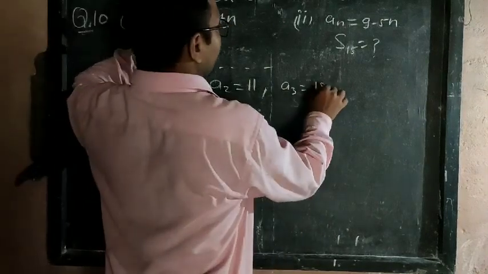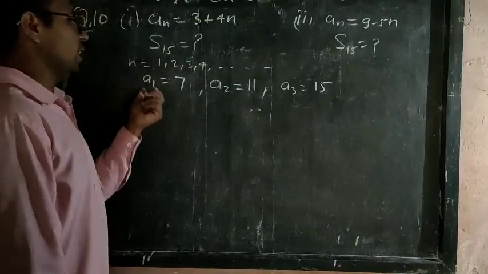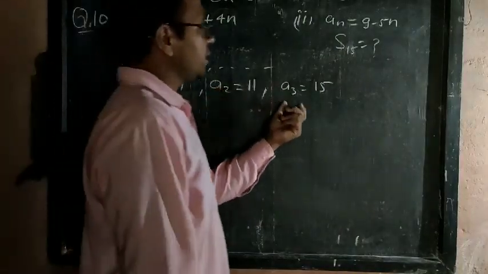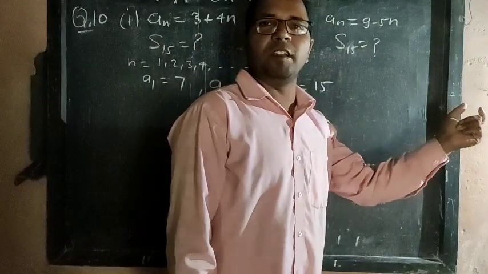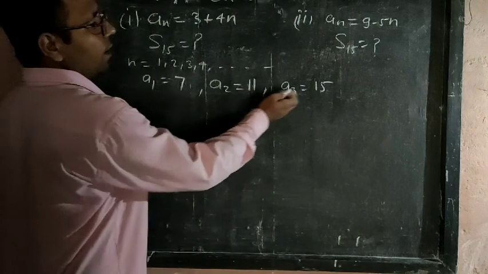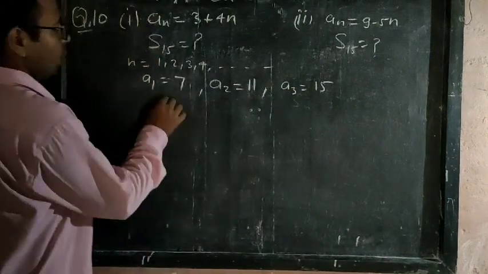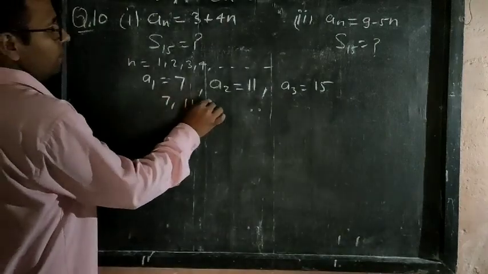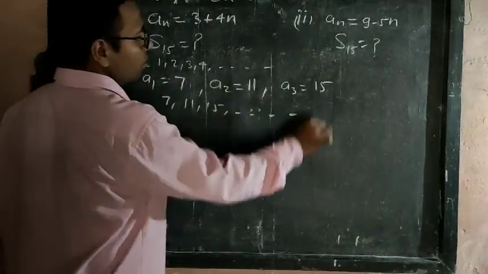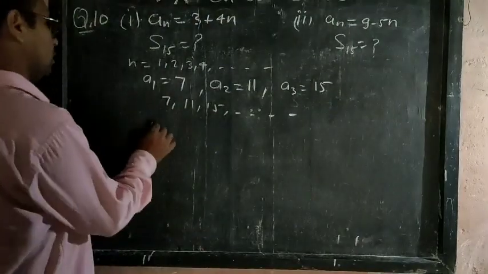So, students, as in the question it is given that a1, a2, a3 are in AP, you may check it here also. 7, 11 and 15. This sequence is also in AP. In the same way you can calculate 7, 11, 15 and so on. So you are getting the form of an AP only.